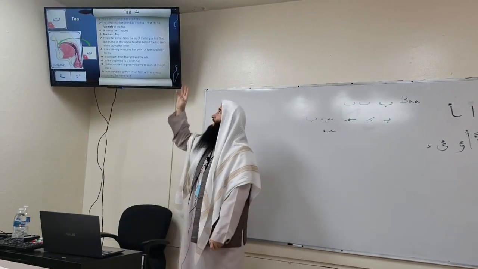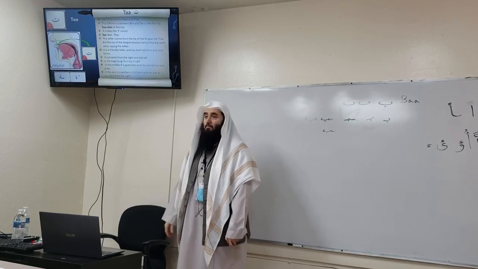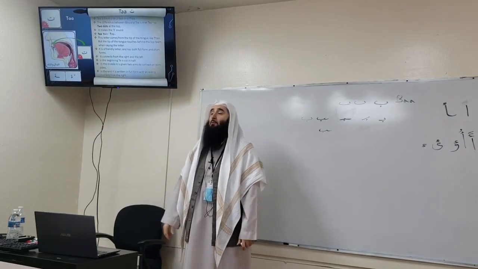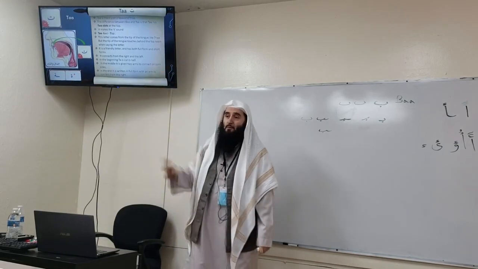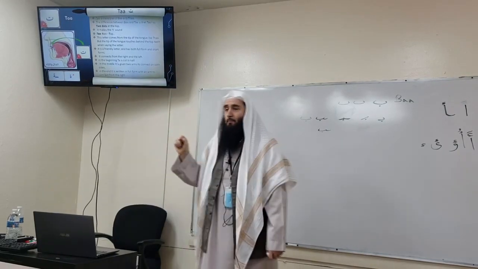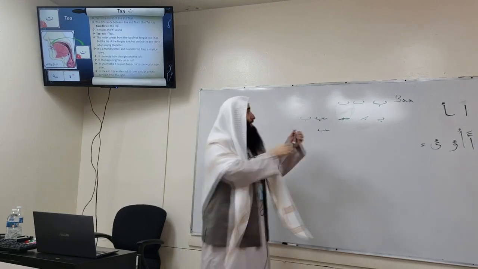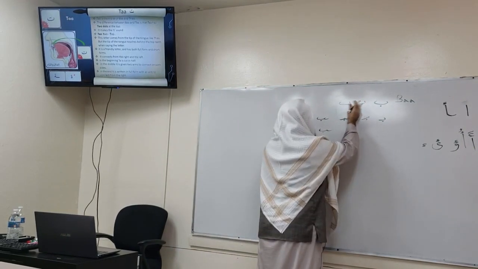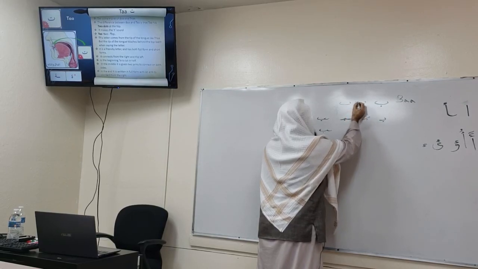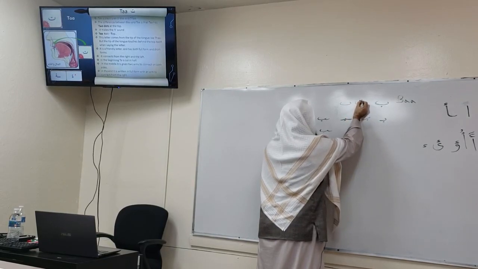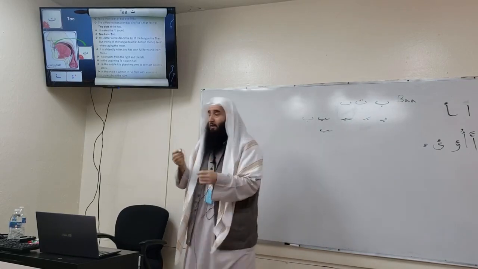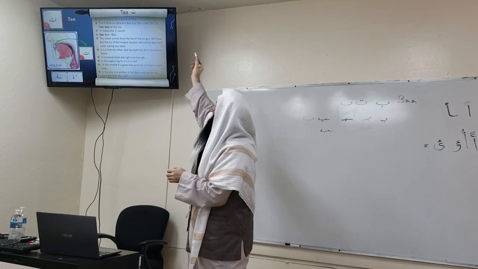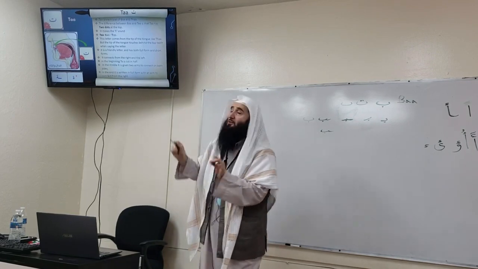We have the letter ta. Where is the ta coming from? Read the point, Sheikh. Ta is the triplet of ba. I'm going to make it right here. Two dots. Raise your voice so I can hear. The difference between ba and ta is that ta has two dots where?